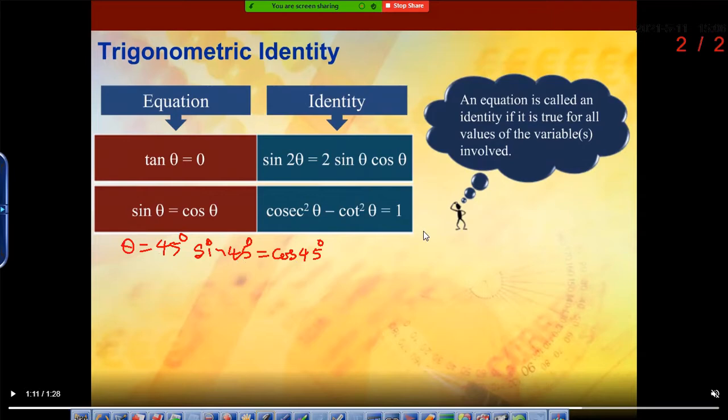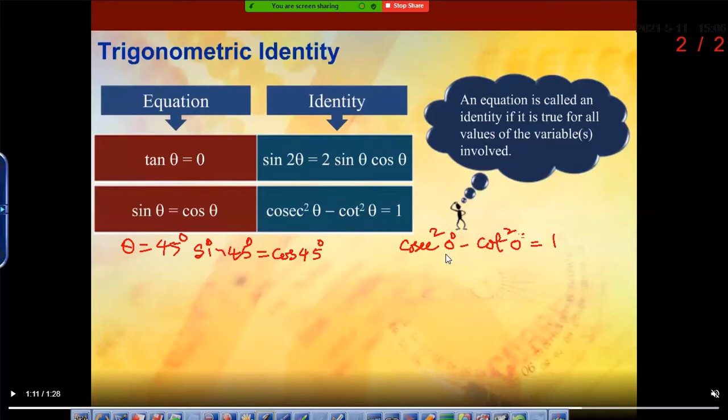Now, as I said already, cosecant square theta minus cot square theta is equal to 1 is true for all the angles. If you take 0 degrees, cosecant square 0 degrees minus cot square 0 degrees is equal to 1.